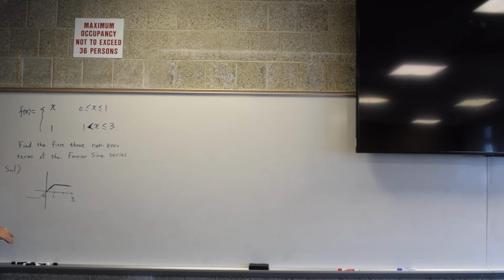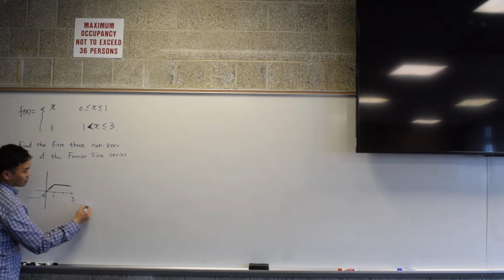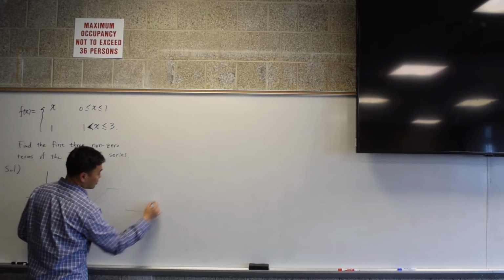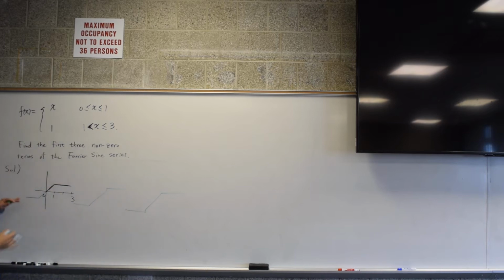So when you draw the final result, the graph will be periodic with one period in this. So it would be like this, and there'll be a wave with a very strange kind of shape.